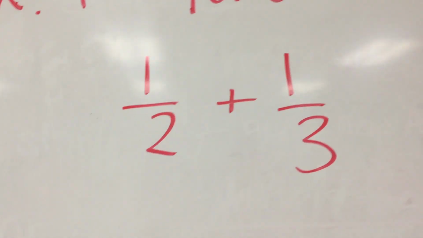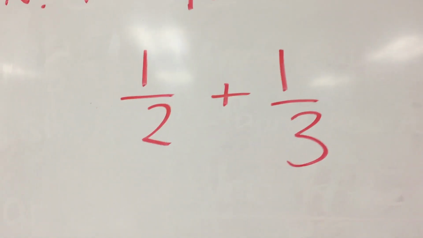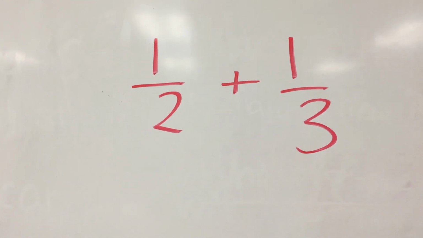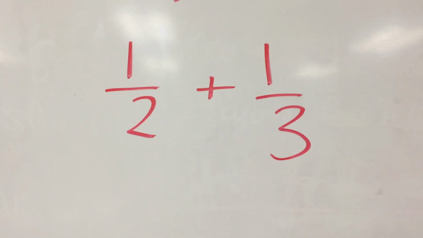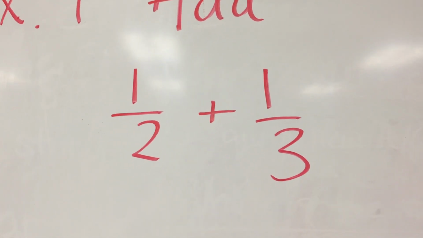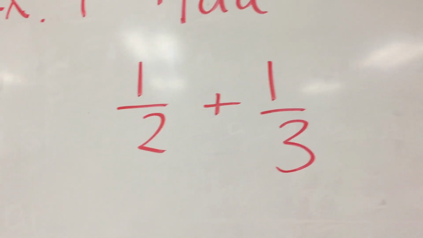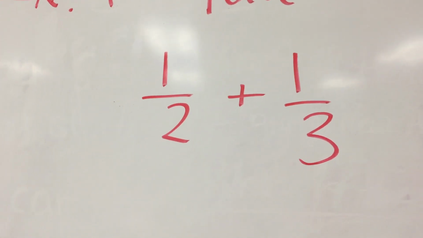Example 4, add. Okay, these don't have common denominators. I can't change 1/2 to something with a denominator of 3. Now I can't change 1/3 to something with a denominator of 2. So I need to find something new that they both have in common.